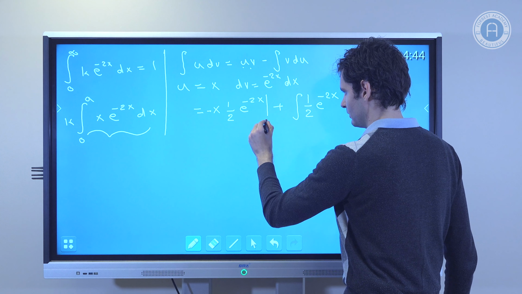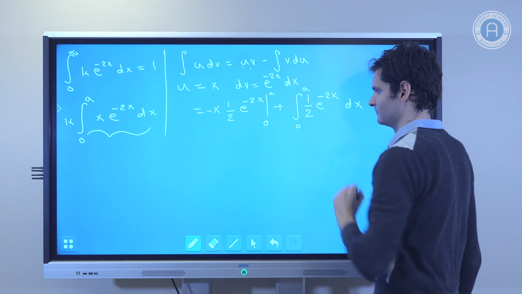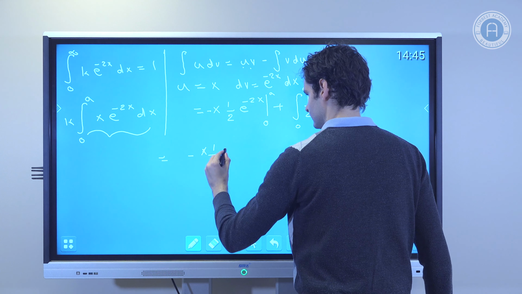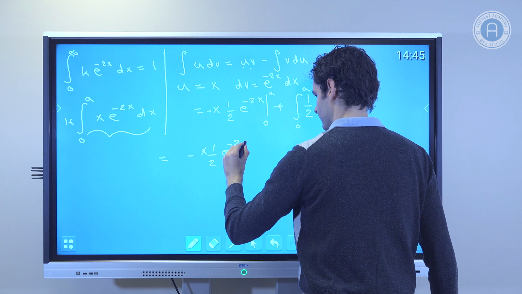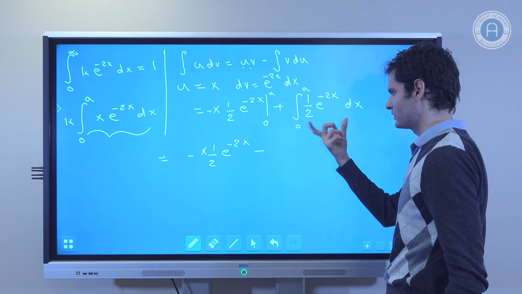So now put the limits of integration. So this term here becomes that. Let's simplify that. Integrating this one more time.